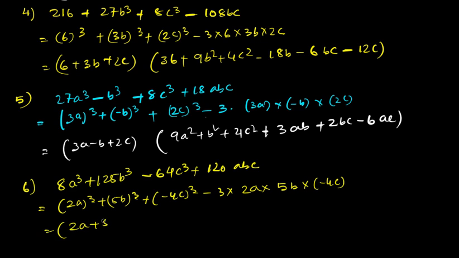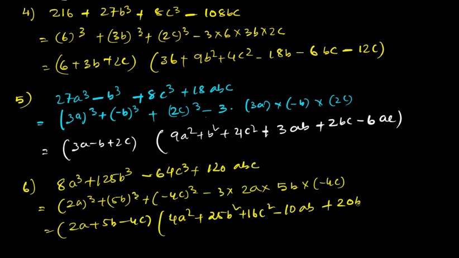So (2a plus 5b minus 4c) times (4a square, 25b square, 16c square, minus ab. So 2a into 5b, so 10ab, bc, so plus 5b into minus 4c, 20bc, so plus 20bc and plus 8ac). So that's the question number 6.